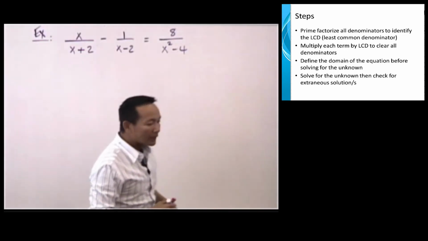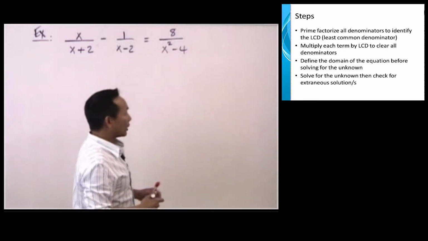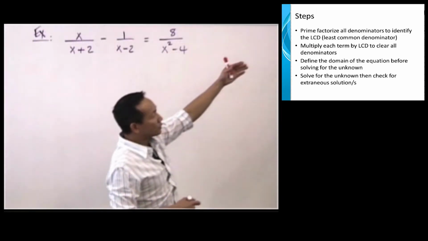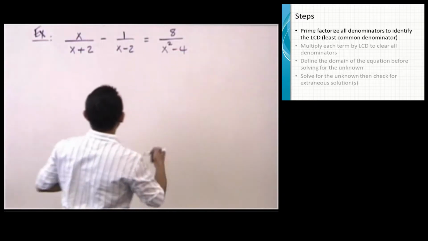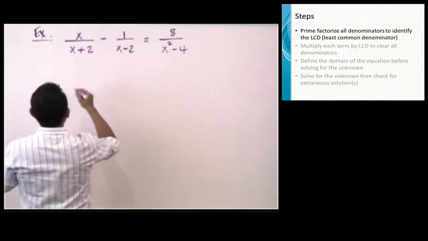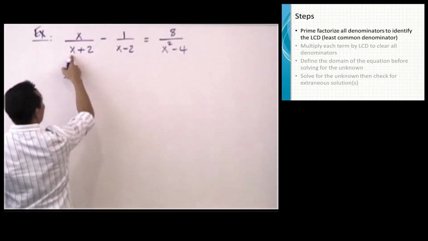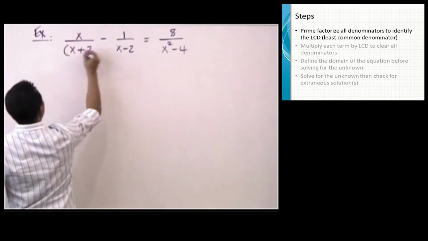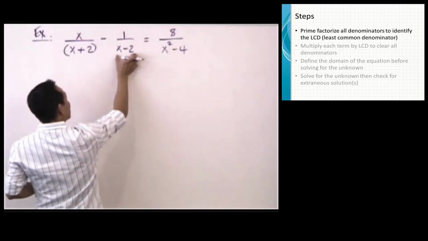Okay, now we go ahead and solve the rational equation. I am going to go to the first step, prime factorize all the denominators. So you ask yourself, okay, can I factor this? Since x plus 2 has no GCF, that is a prime. Then can I factor x minus 2?